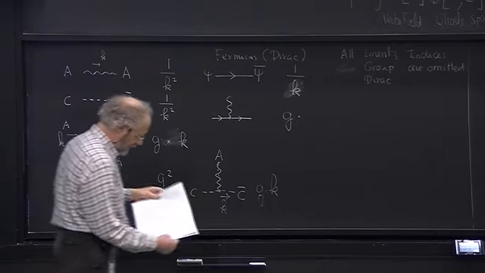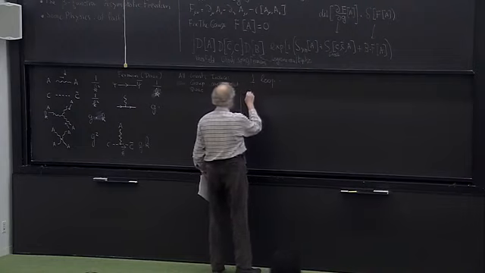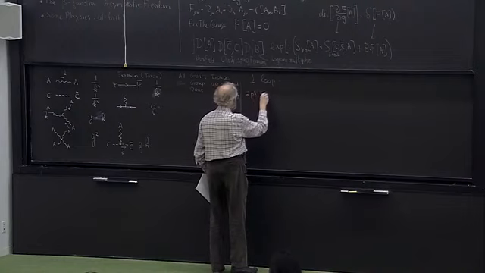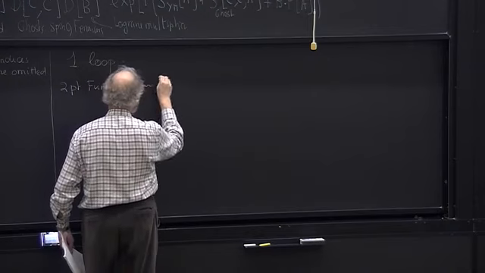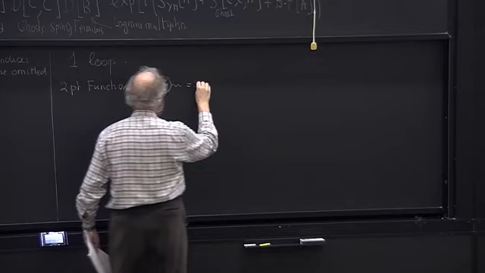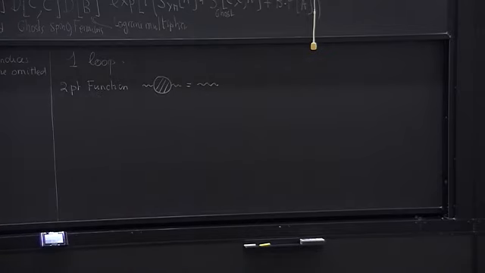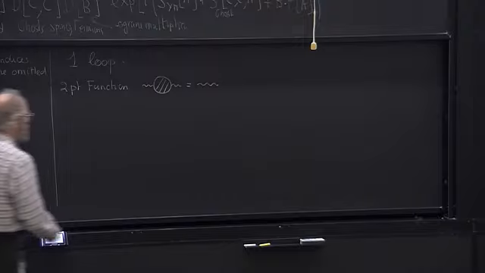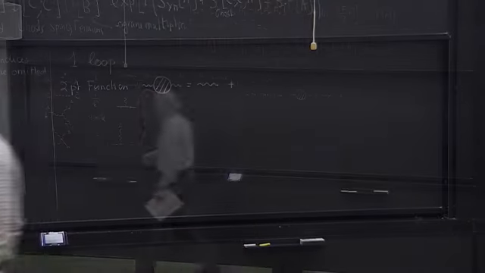And you are going to see that, for instance, for the two-point function of a gauge field, this is going to be the original propagator, but then you are going to have one-loop diagrams.